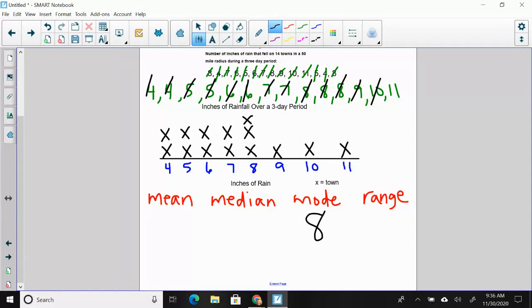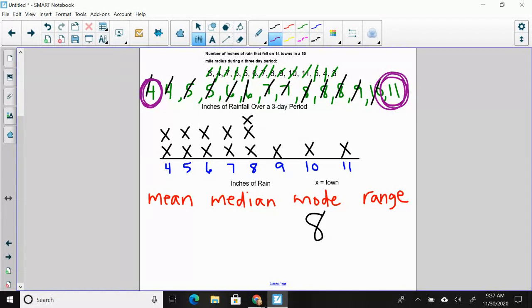Okay. When your numbers are in order from least to greatest, it's very easy to see which number is the biggest and which number is the smallest. And when you identify the largest number in your data set and the smallest number in your data set, the range is the difference between those two numbers.